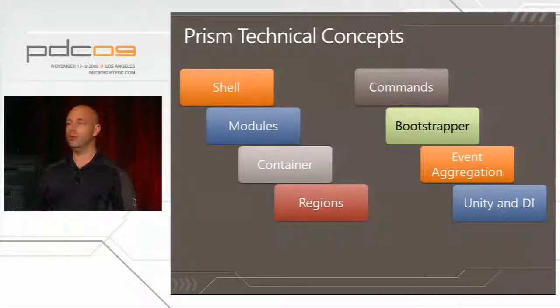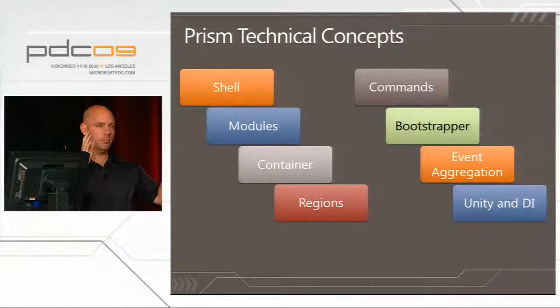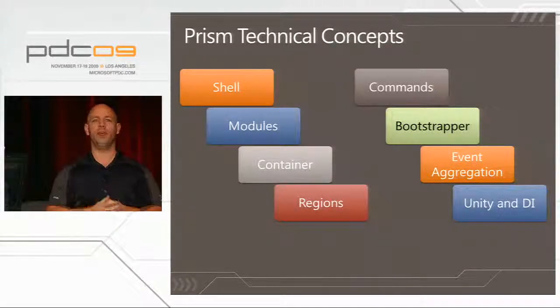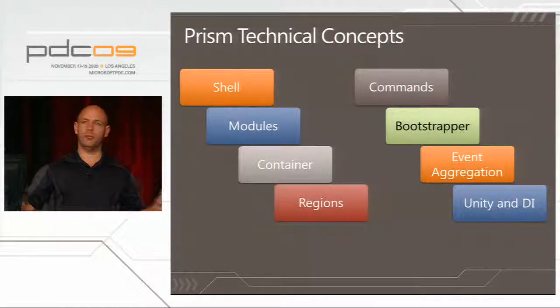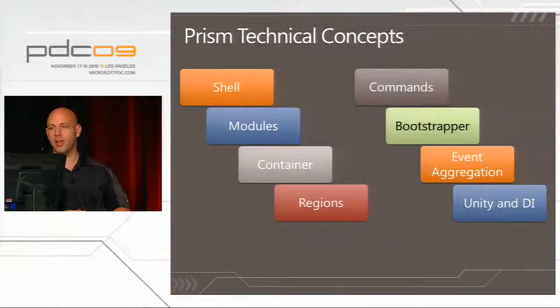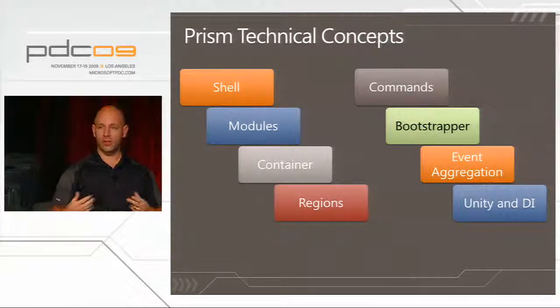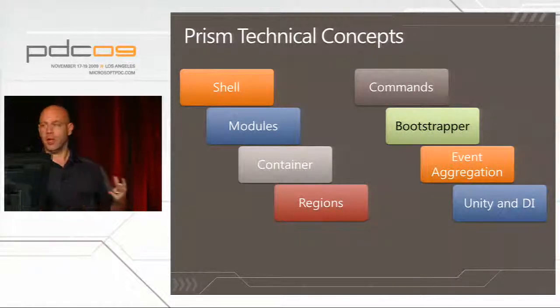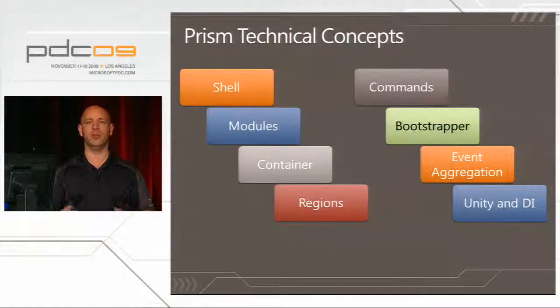With Prism, you can create these modular apps. Maybe they're creating a land application and they're creating something that handles traffic lights for governments. They can develop them separately, and later on they can tie them together and they can invoke each other's commands using Prism's modularity. The container is the Unity object I was talking about to do your DI, your dependency injection.